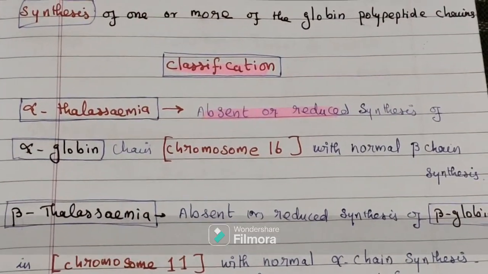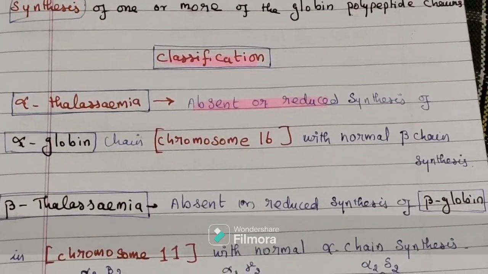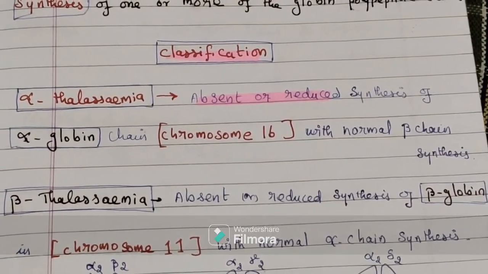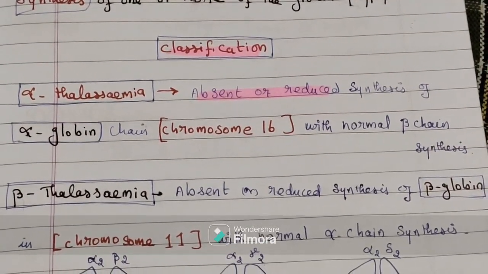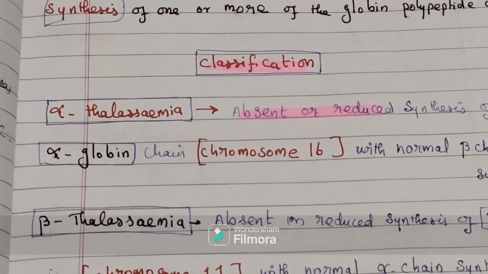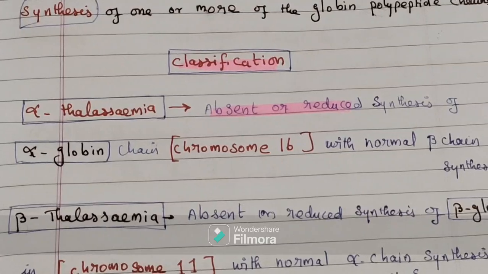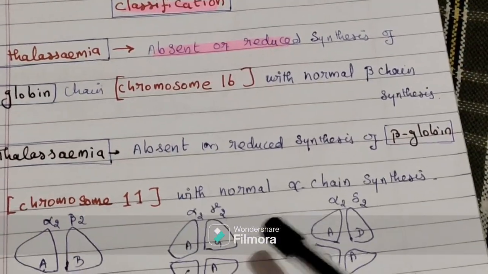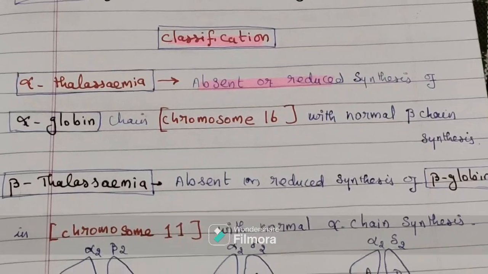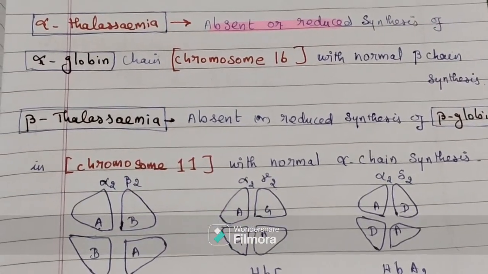Now, where are the genes located? The gene for alpha chain is located on chromosome number 16 and the gene for beta chain is located on chromosome number 11. So we can see 2 alpha, 2 beta.